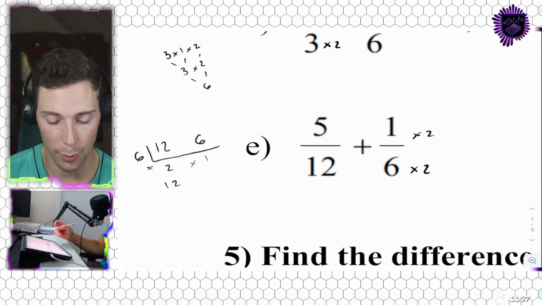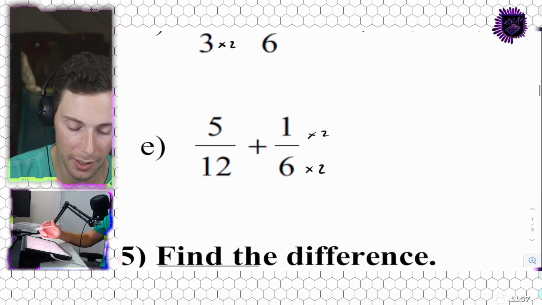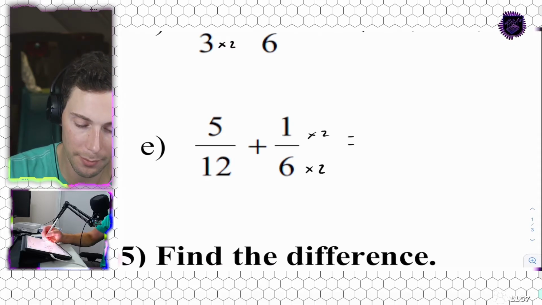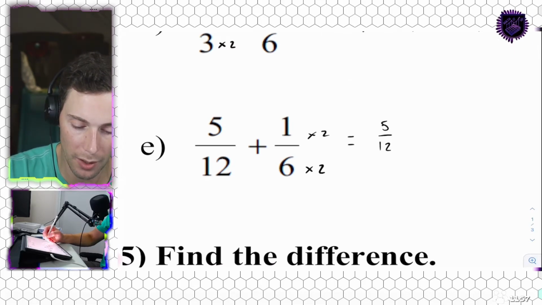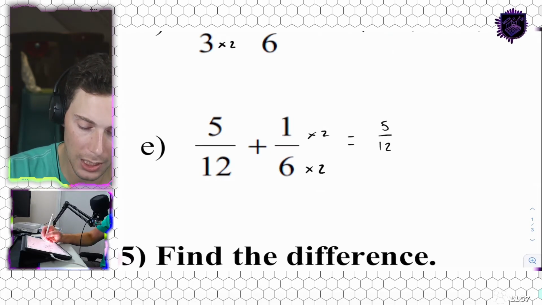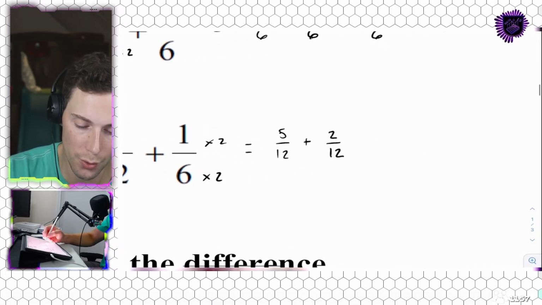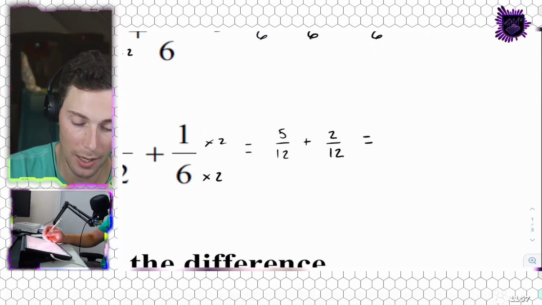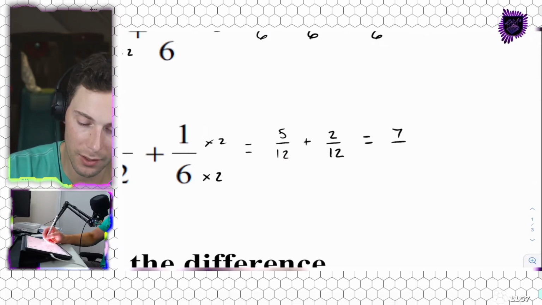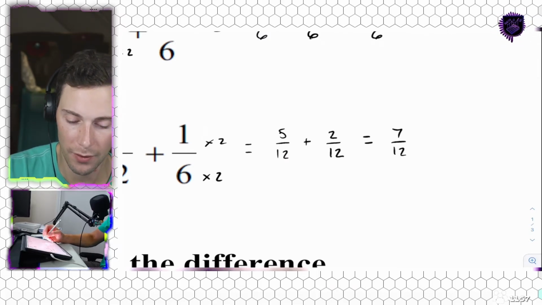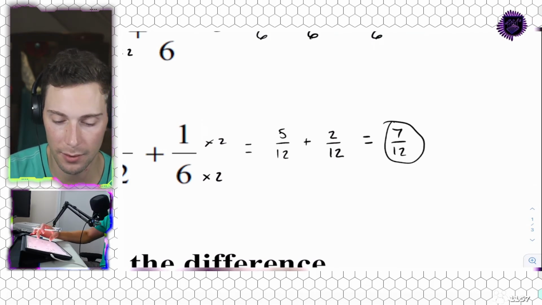To create an equivalent fraction, we need to multiply the top and the bottom by the same number, which is going to leave us with 5/12 plus 2/12, which will be our new fraction, or our sum of 7/12. That'll be our answer.